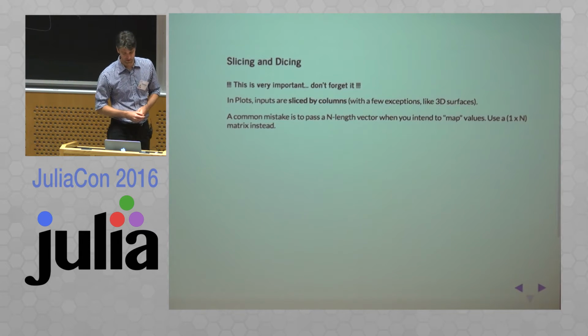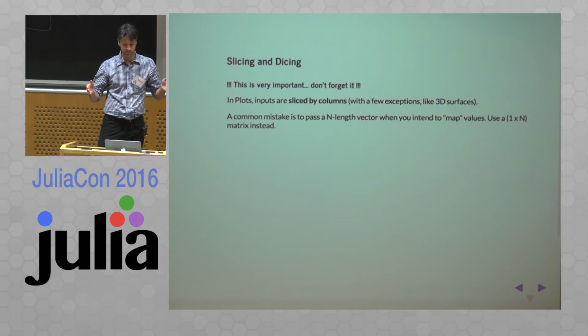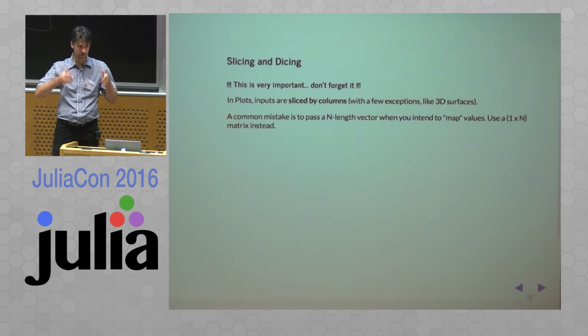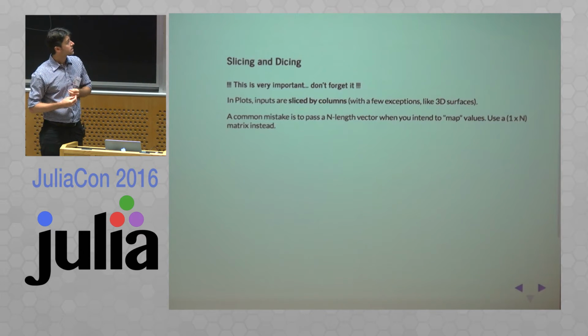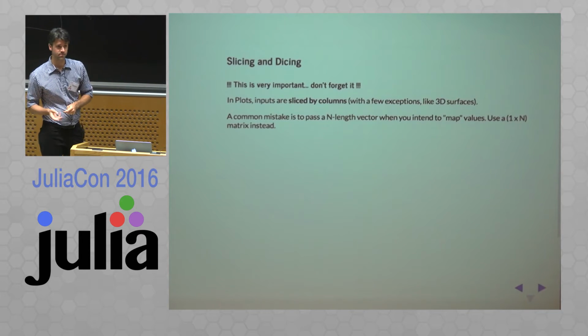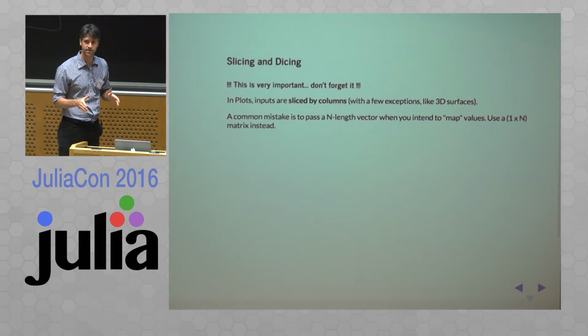Okay, so I've said this one or two times already, and it's this concept that matrices in plots are sliced by columns. Not always. If you're doing a surface plot, for example, it's going to see the context that you're trying to do a surface plot and is not going to slice it up.